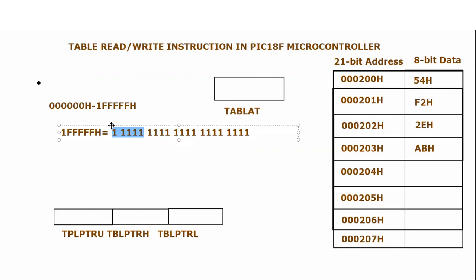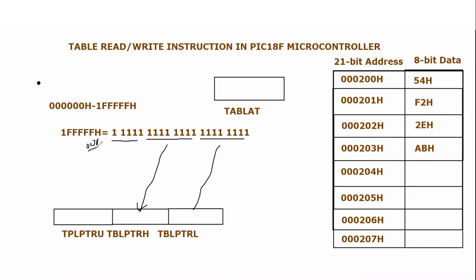So these 8 bits will go in the lower byte, these 8 bits will go in the higher byte, but these are how many? 5 bits. So that means the most significant 3 bits are still vacant.